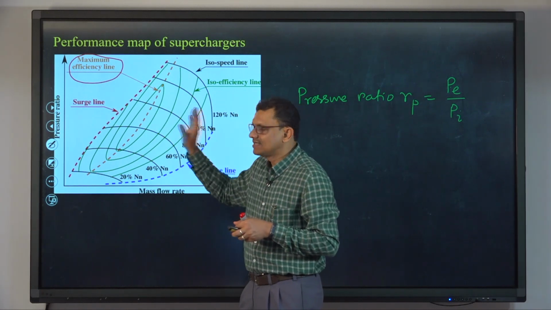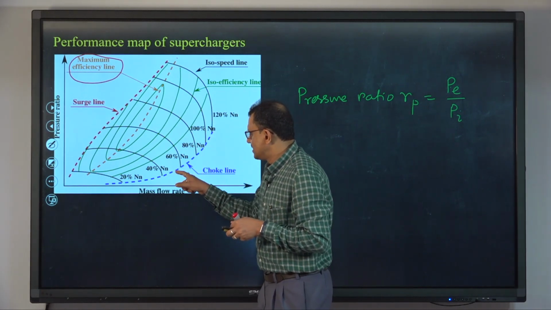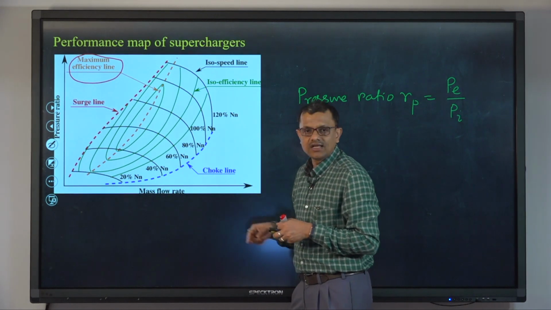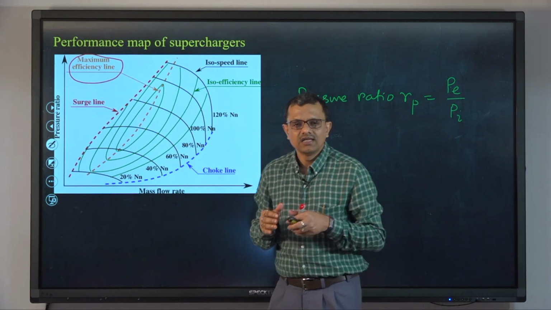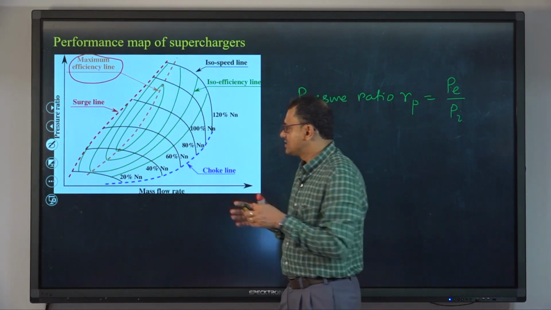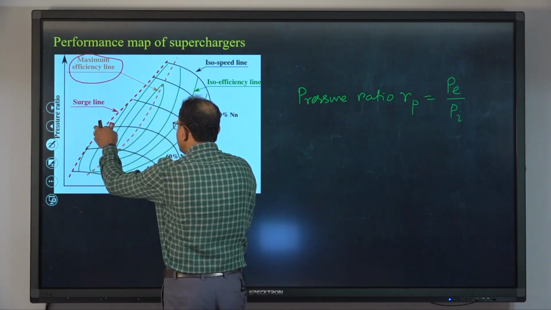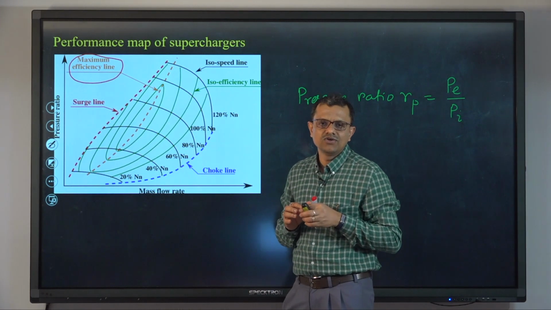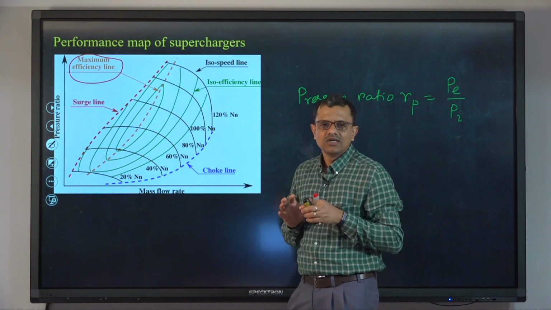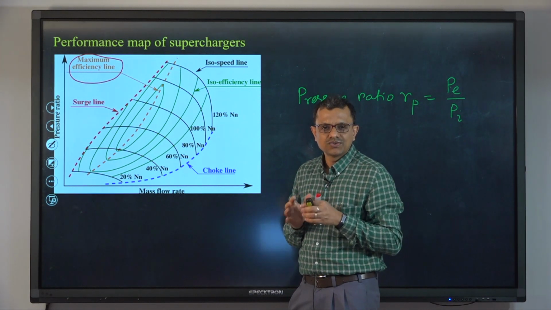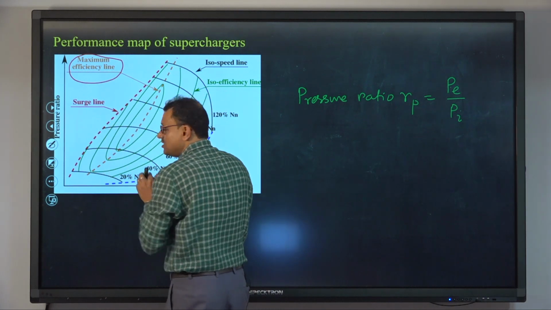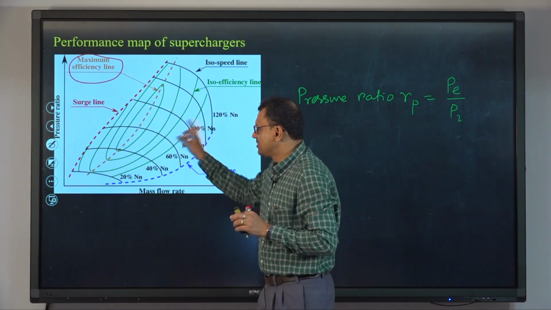While this other line, which is known as the choke line, shown here using a blue colored dotted line, is also very important to know. As such, these two different lines are the border lines of compressor operation. So, the operator should run the compressor between these two lines, at any point between these two lines.